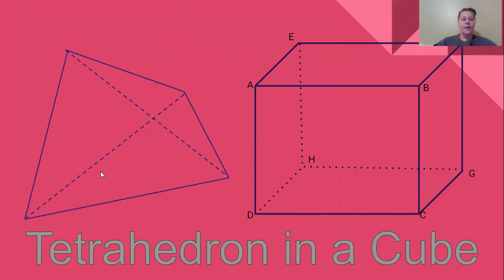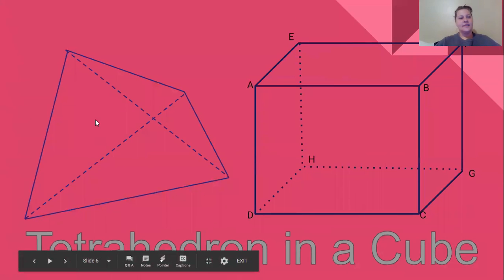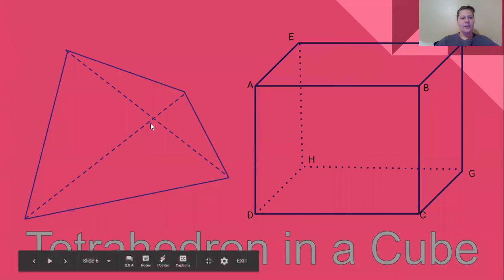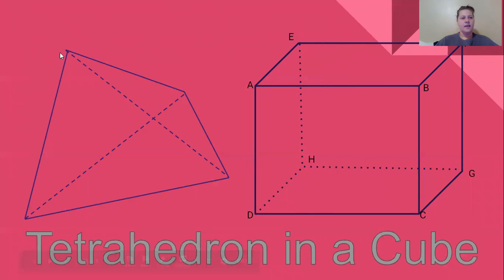Now we are going to talk about a tetrahedron. Now what is a tetrahedron? A tetrahedron is a shape that has 4 faces. So we can see right here, this is our tetrahedron. It has one face right here, this dotted line, one face, another face using this dotted line, and this one, and this bottom to our base.